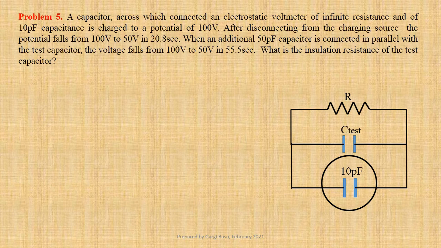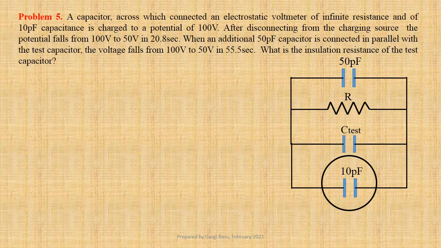When an additional capacitance of 50 picofarad is connected in parallel with the test capacitor, the voltage falls from 100 volt to 50 volt in 55.5 seconds. We have to determine the value of insulation resistance of the test capacitor.